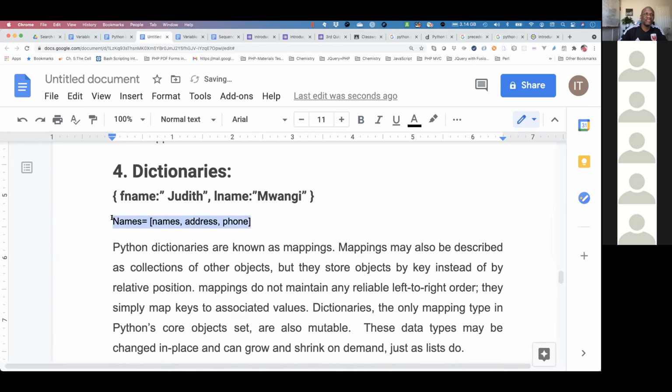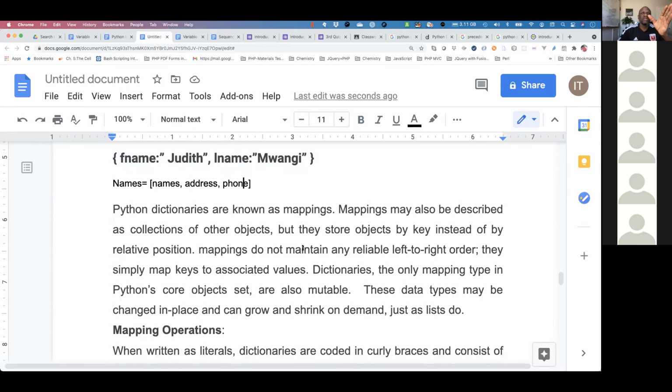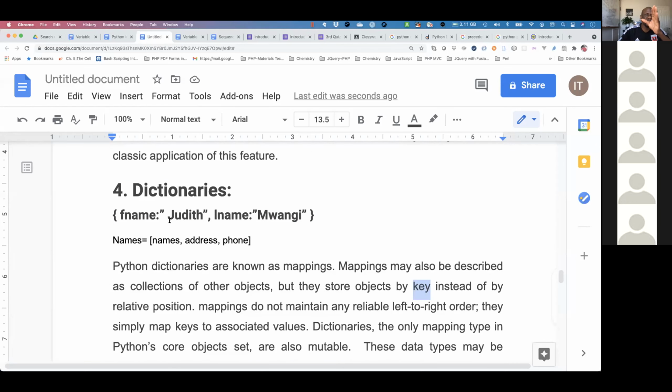This will be lists, and this will be dictionaries. So just for the sake of this one right now, all this will be in your notes anyway. So we call it mappings, which means that we have to have a key value pair. So this one here is going to be the key, and that's the value to that key. And this is the key, and this is the value to this key.